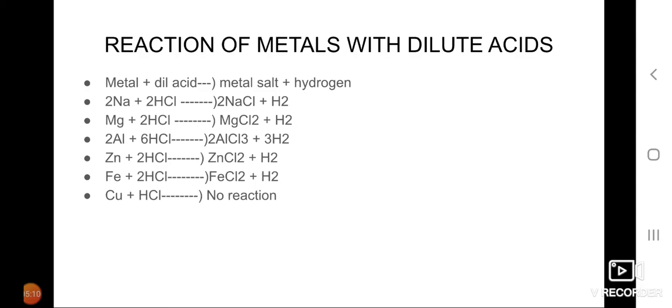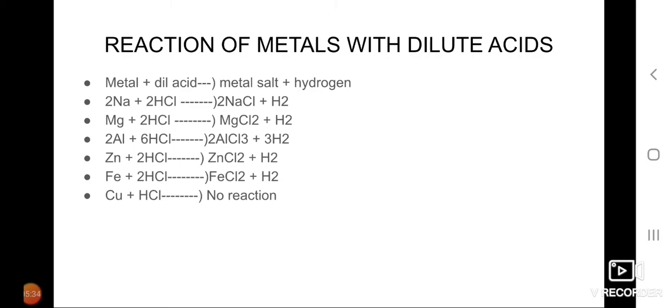Reaction of metals with dilute acids. Metals usually displace hydrogen from dilute acids. Only the less reactive metals like copper, silver, and gold do not displace hydrogen from dilute acids. When a metal reacts with a dilute acid, a metal salt and hydrogen gas are formed.